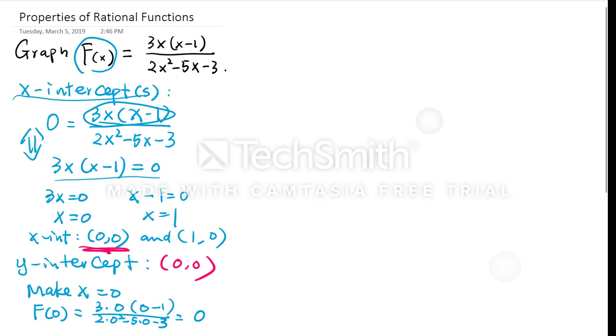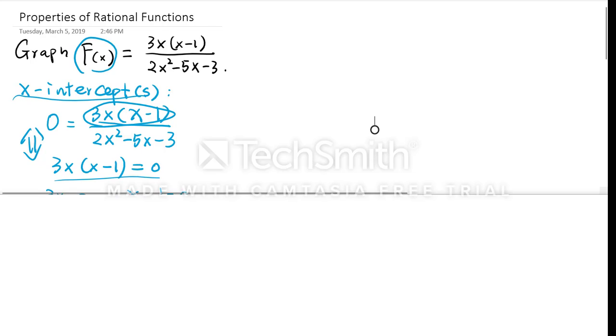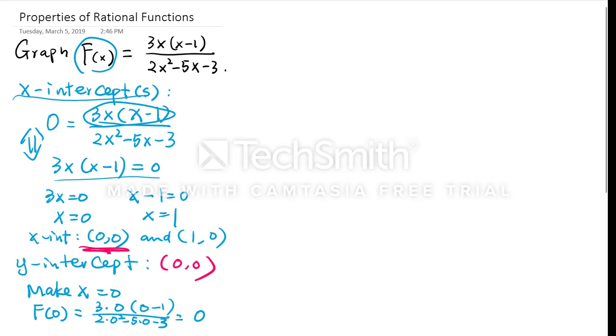Now, next, I want to find the asymptotes. I want to start from the vertical asymptotes. Okay, so maybe there's more than one. So to find the vertical asymptotes, you want to look at the denominator of this rational function.